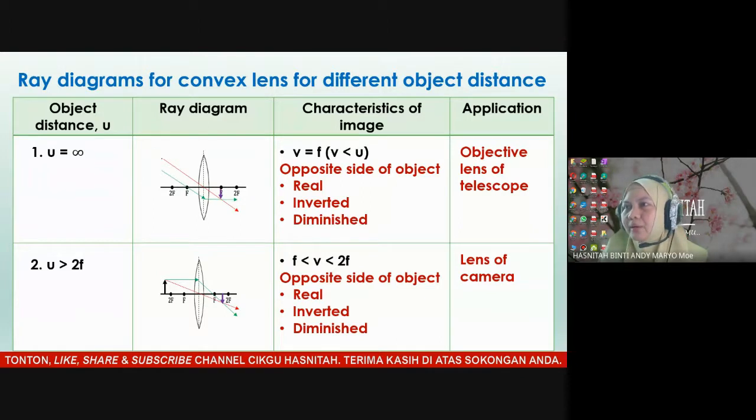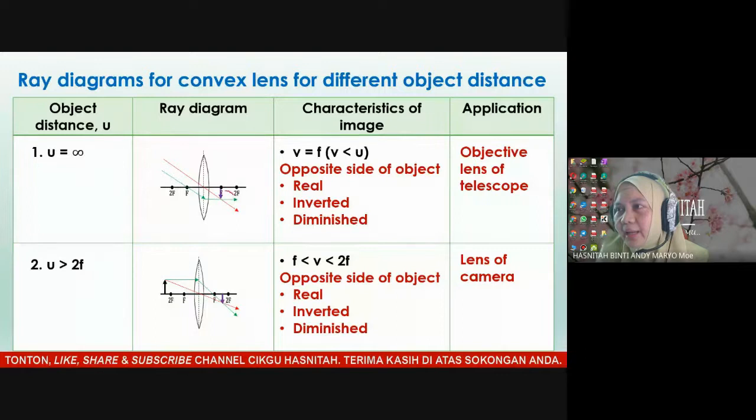If you follow the 3 rules just now, for the red line here, the light passing through the optical center does not refract and continues to travel in a straight line. Then the second line, this is the third rule: the line passing through the focal point is refracted in a straight line.